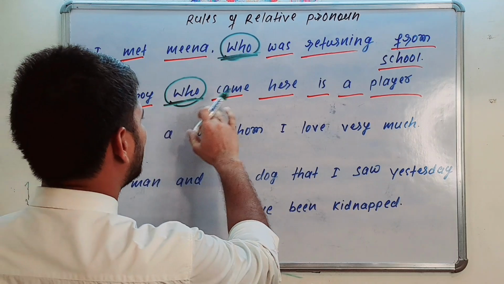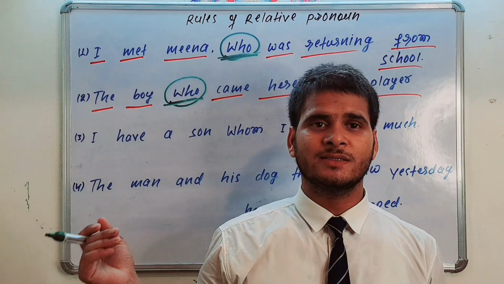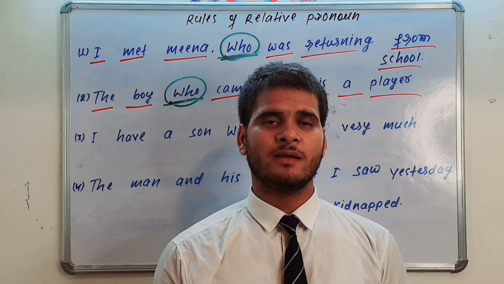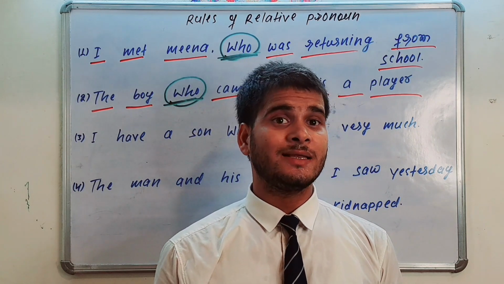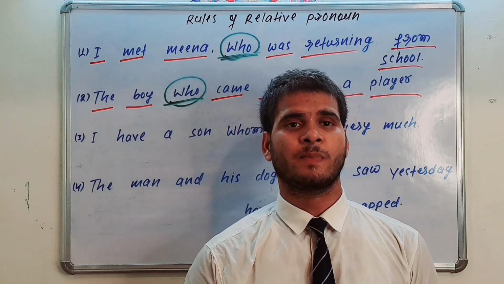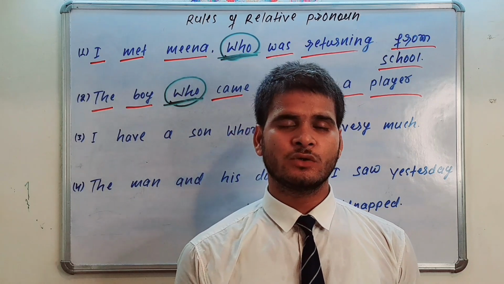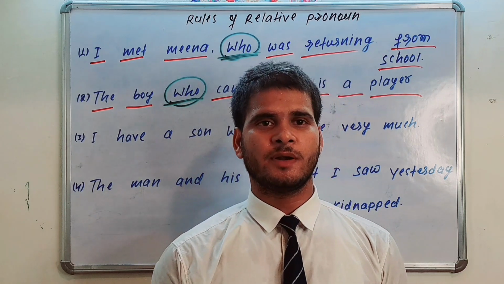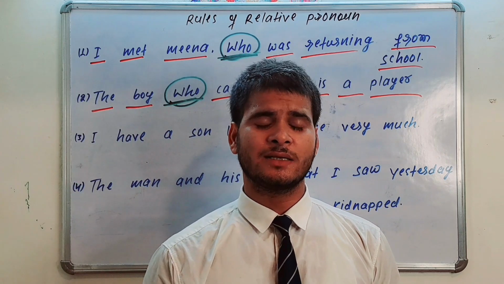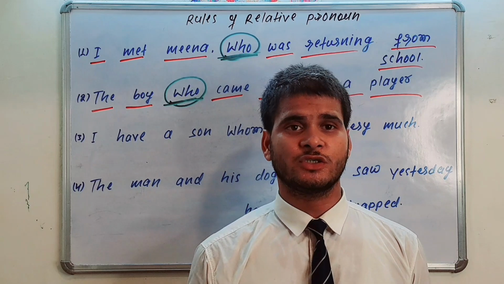The sentence, the boy is a player, is a coordinate clause and an independent clause. It can stand alone in a sentence, but a subordinate clause cannot. So this is the first rule: the relative pronoun who, which, that is used as a subject in a subordinate clause.